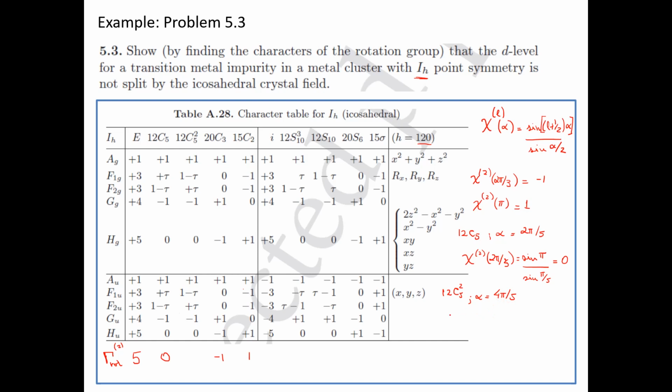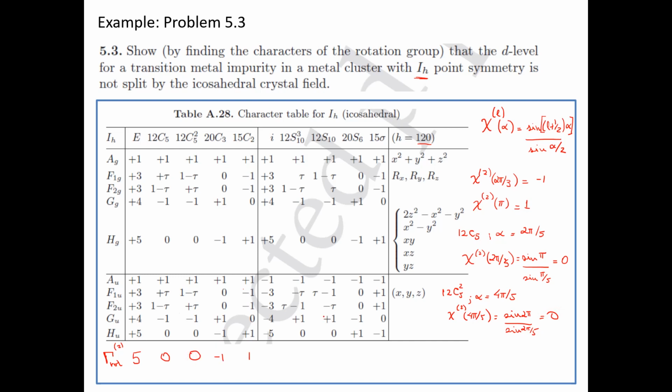And the result for the character is the sine of 2 pi now, which is also 0, divided by sine of 2 pi over 5, right? This is 0. So this character is also 0.